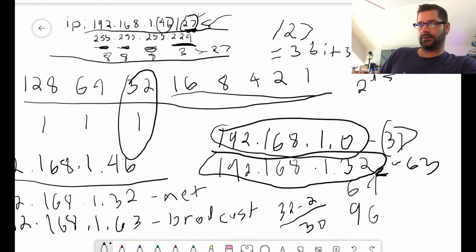This one is natively a class C, which is the /24, a 24-bit subnet mask. So you would know there are 3 additional bits, and you count up all the bits and know that in this case it's a /27. You're not really concerned about the bits before that.